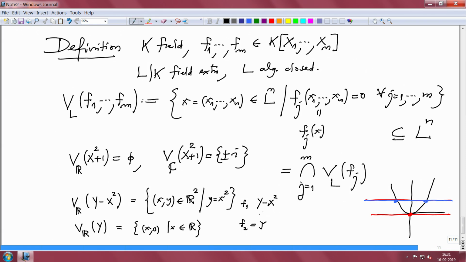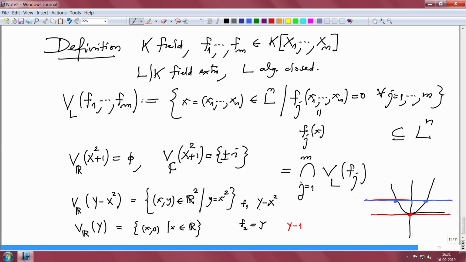Here you do not see much, but instead of this, I would prefer to take, as that gives a better illustration, y minus 1. So, how do you solve this together?